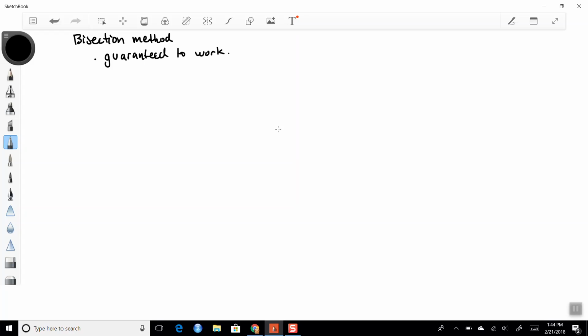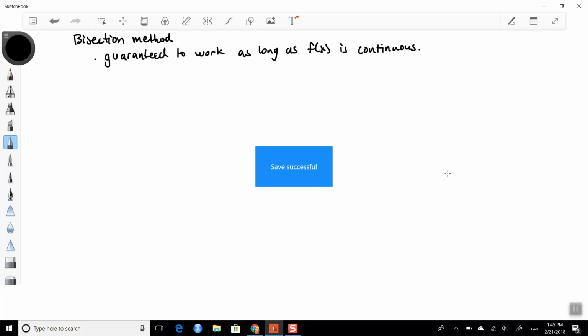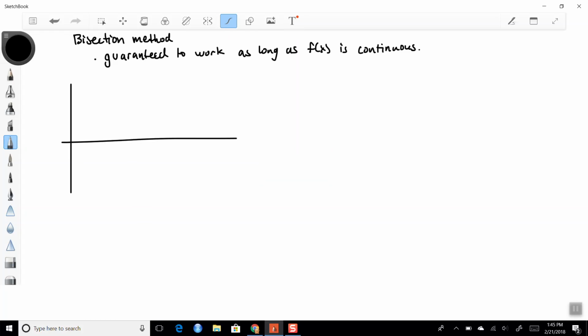Like you need to have a derivative, your functions need to be differentiable and all sorts of stuff. This is guaranteed to work as long as f of x is continuous. Because of the, what's the thing called? Intermediate value theorem or whatever? I don't know. There's a rule in calculus, right?